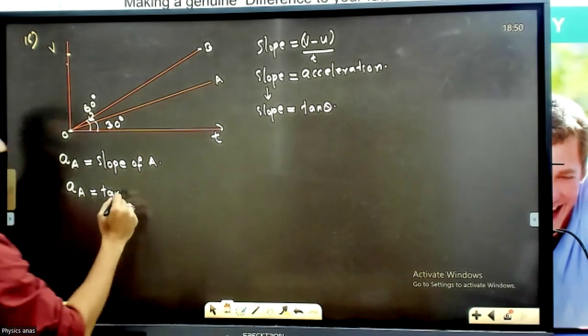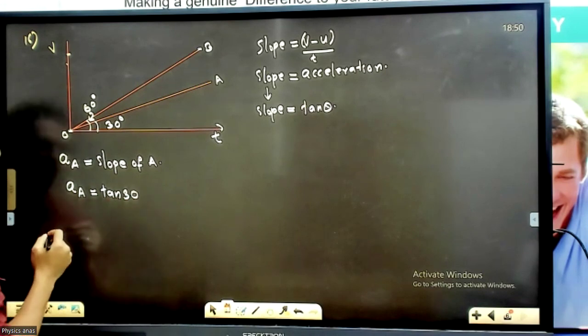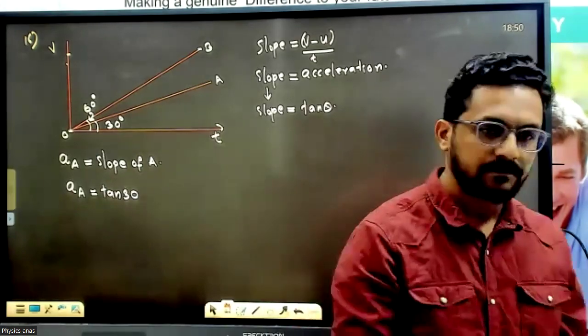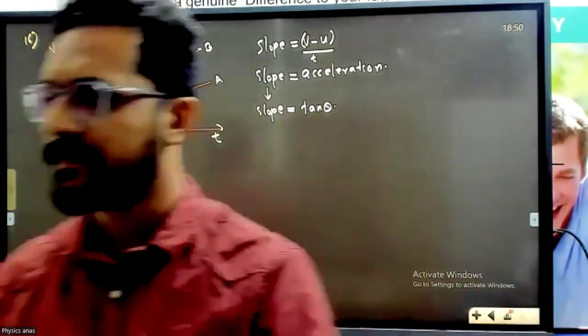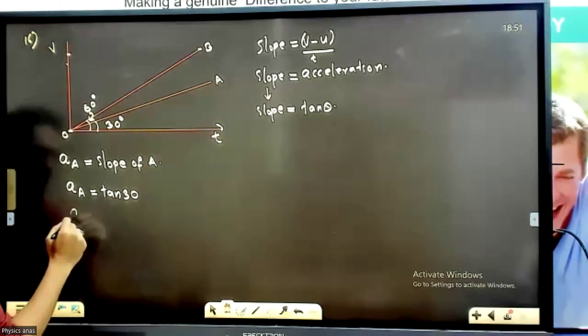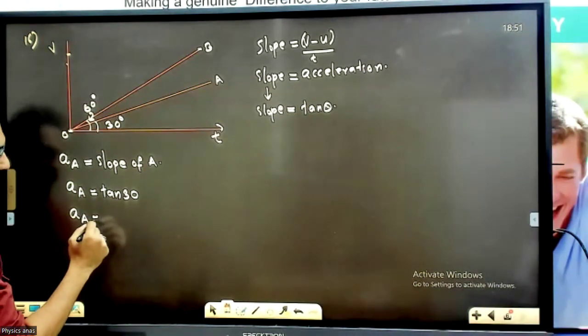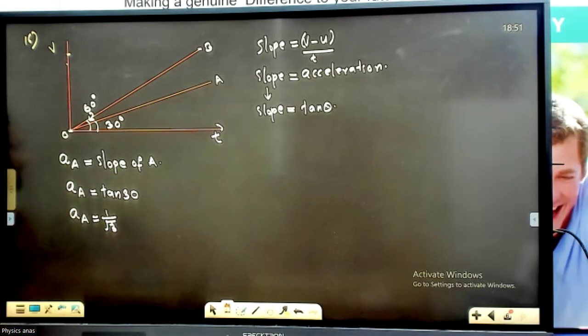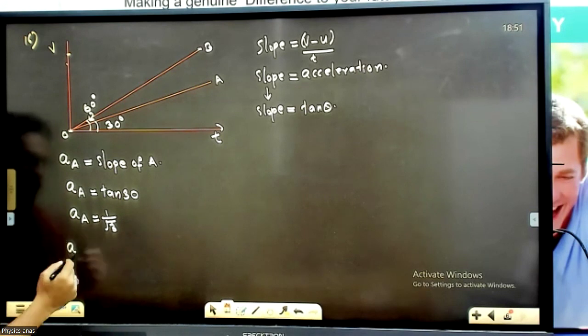That's 30 degree, so tan 30. What is the value of tan 30? Yeah, 1 by root 3. So that will be 1 by root 3.